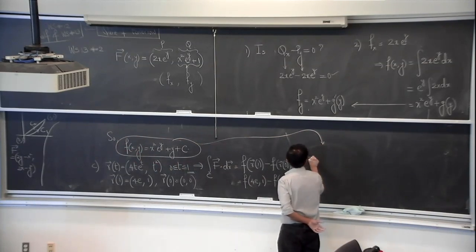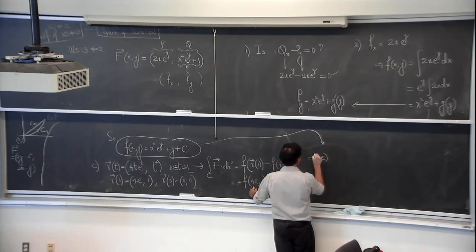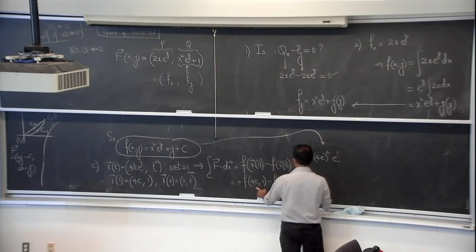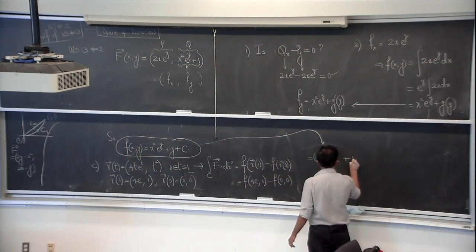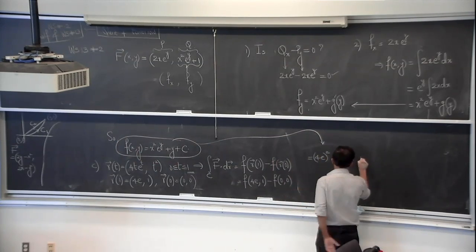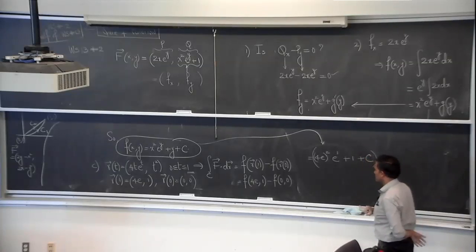That's going to be x square e to the y. So it's going to be 4e square, e to the power of y, which is 1, plus y, which is plus 1, plus c, which is going to get cancelled out anyway, minus f of 0, 0, which is going to be 0 plus 0 plus c.